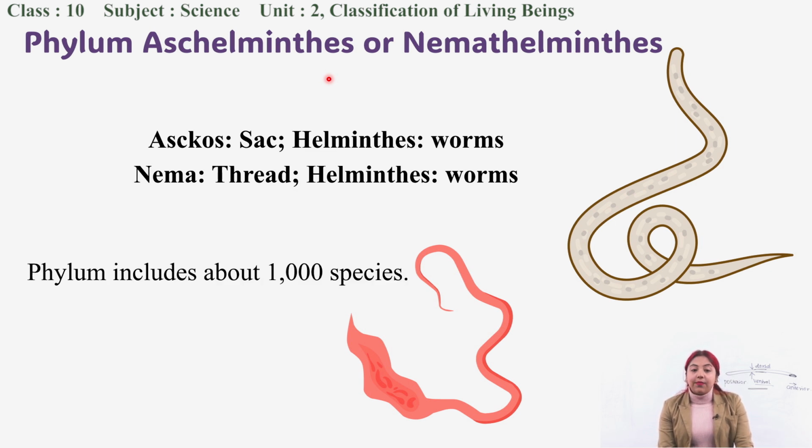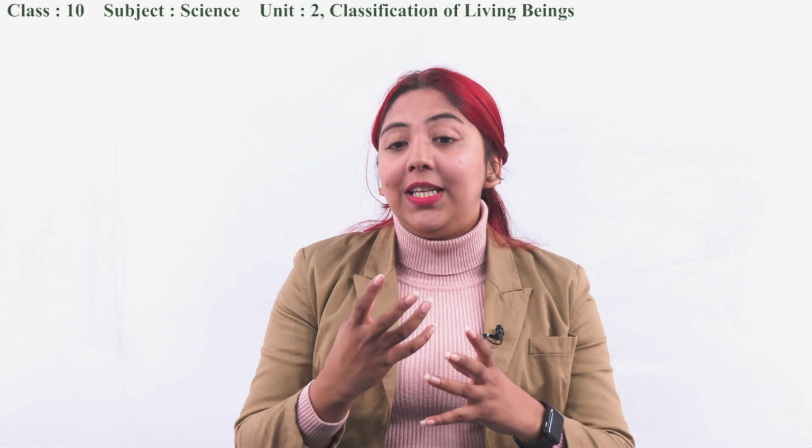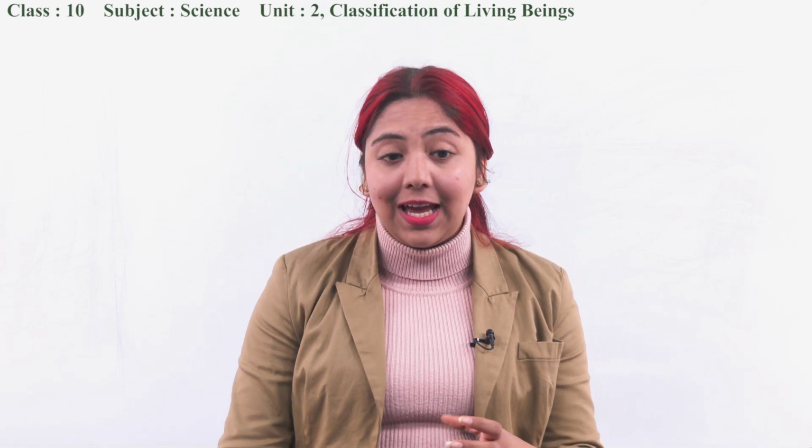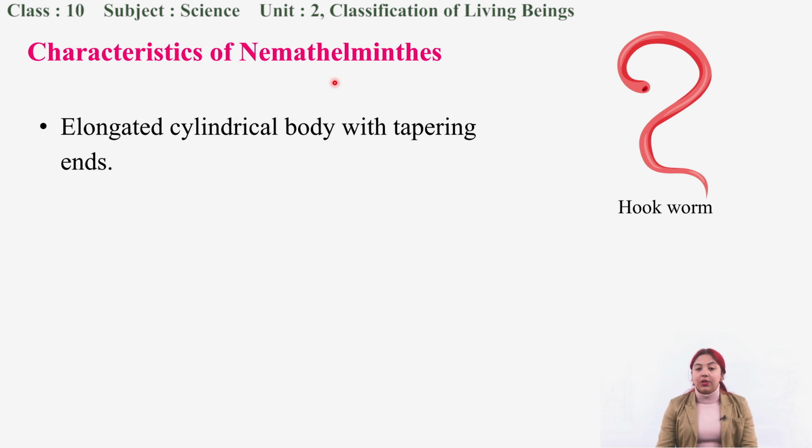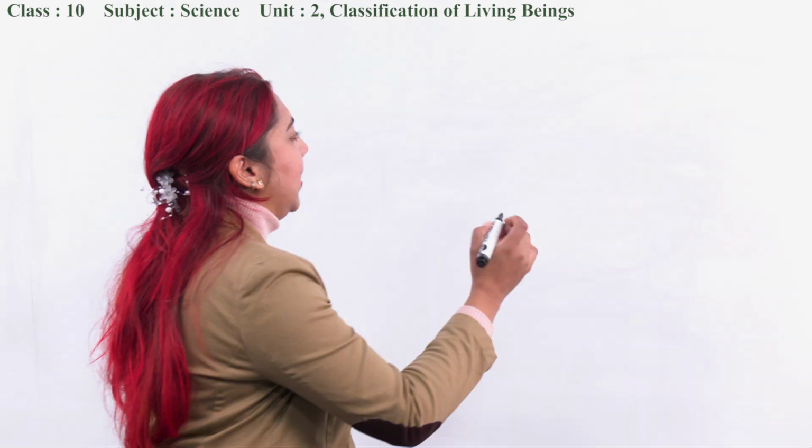Now, this phylum, the Nemathelminthes, includes about 1,000 species. Let us study certain characteristics of this phylum. From the name itself, we understood that they have a cylindrical body. So, they have an elongated cylindrical body with tapering ends. What does tapering end mean?